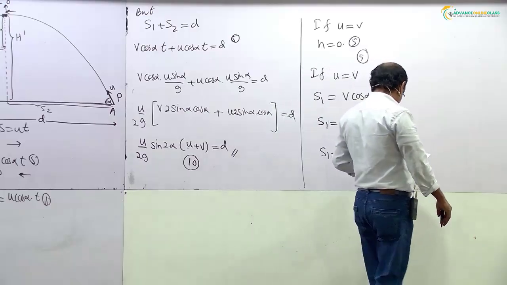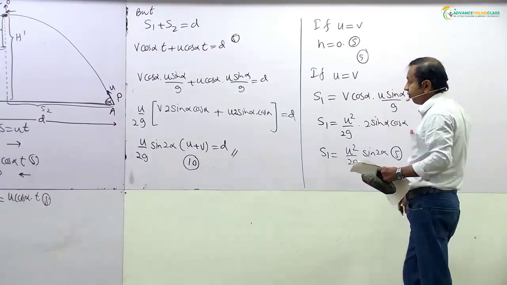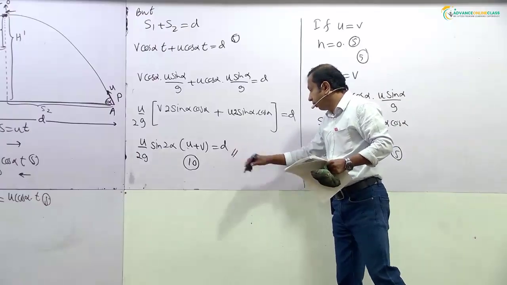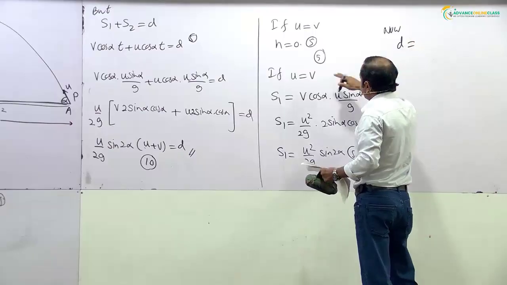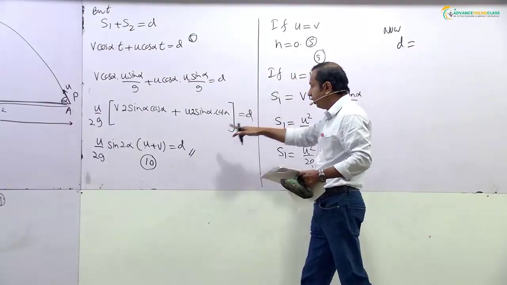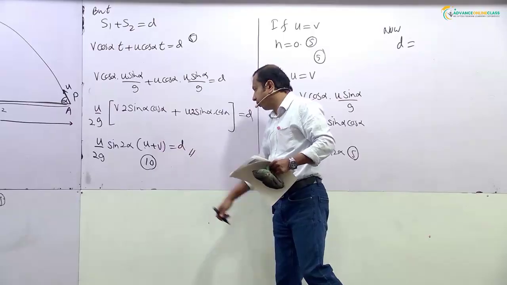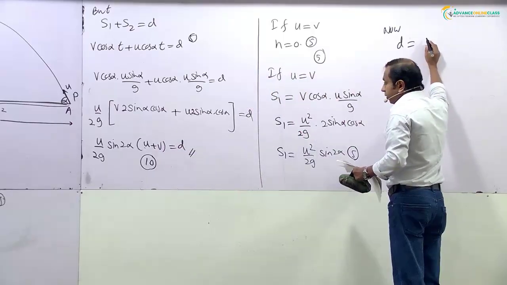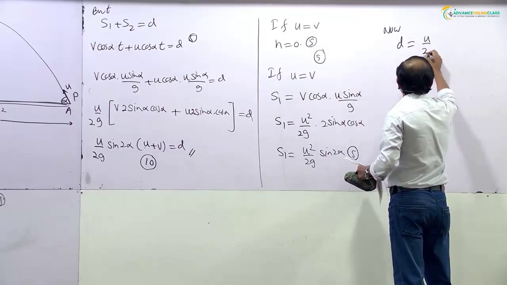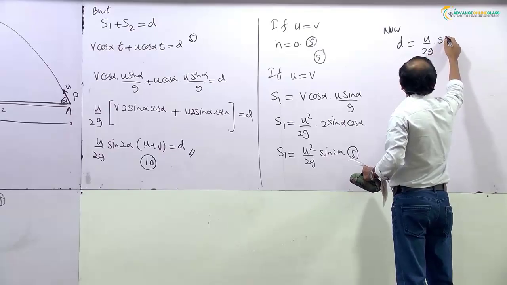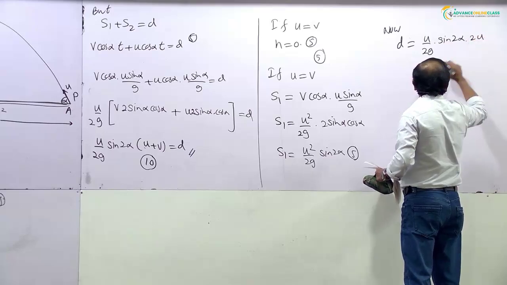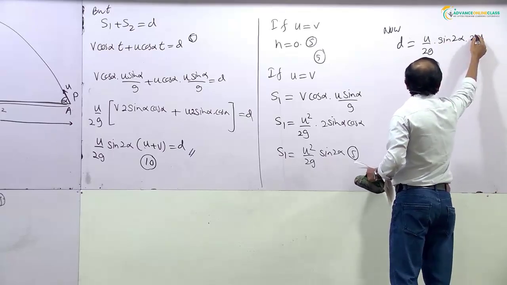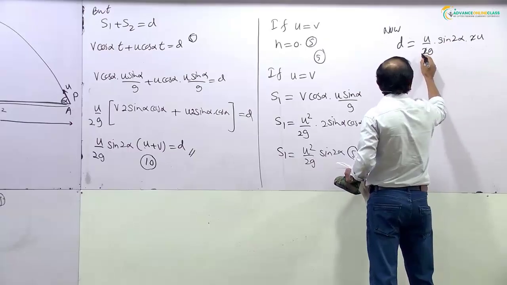Right. And what is your D? We got the answer for D. Now, D equals, I'm talking about when U equals V. Put here U in the place of V also. Then we get D equals U over 2G sin 2 alpha times, U plus U means 2U. Right. Then there you get this and this we can cancel down.